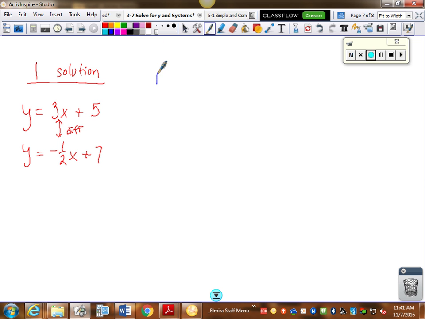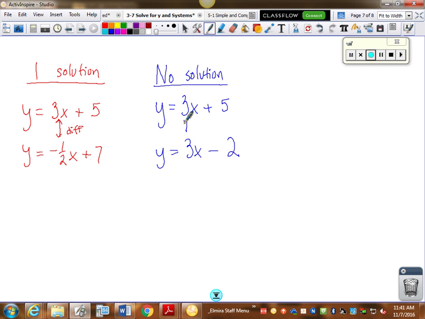Okay, another possibility is that there's no solution. What that looks like is y equals 3x plus 5 and y equals 3x minus 2. These are the same. These are different. That's no solution.